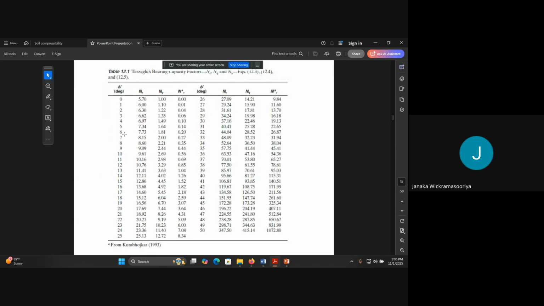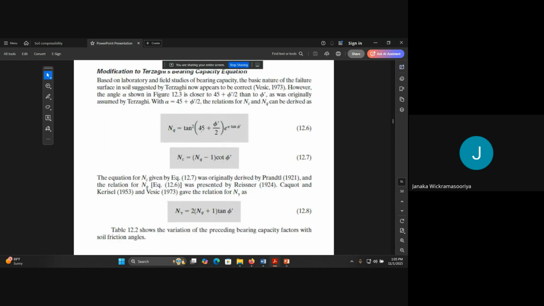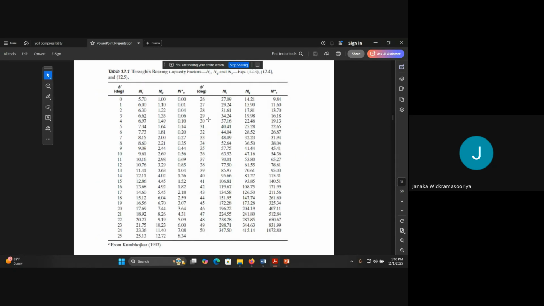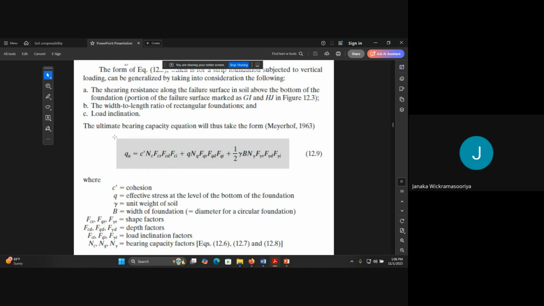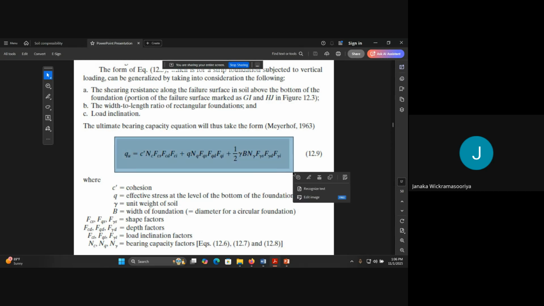This is how you can find the NC, NQ and gamma values, and using the table or using these equations we can determine these NC, NQ and gamma values, and this is Meyerhof's method.